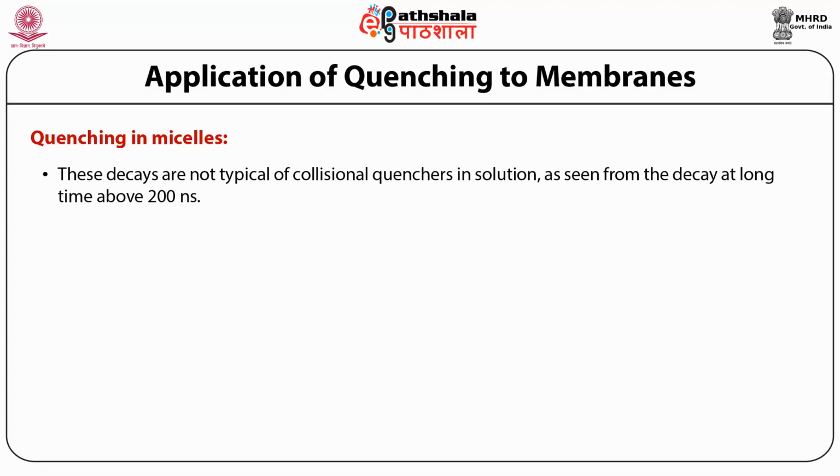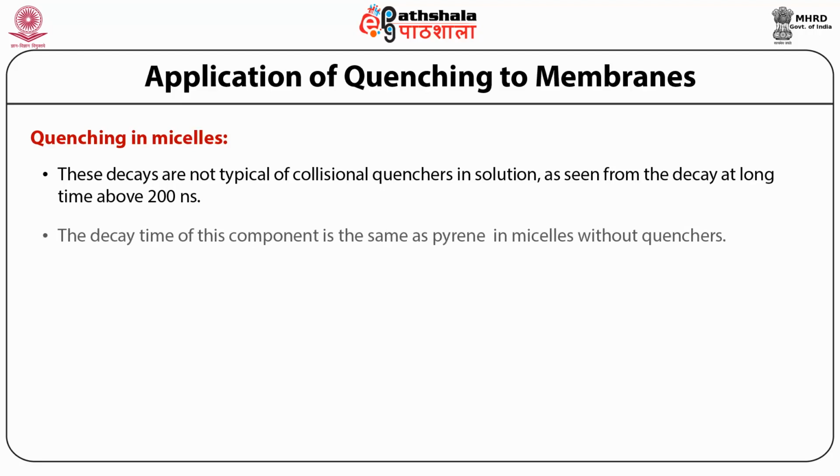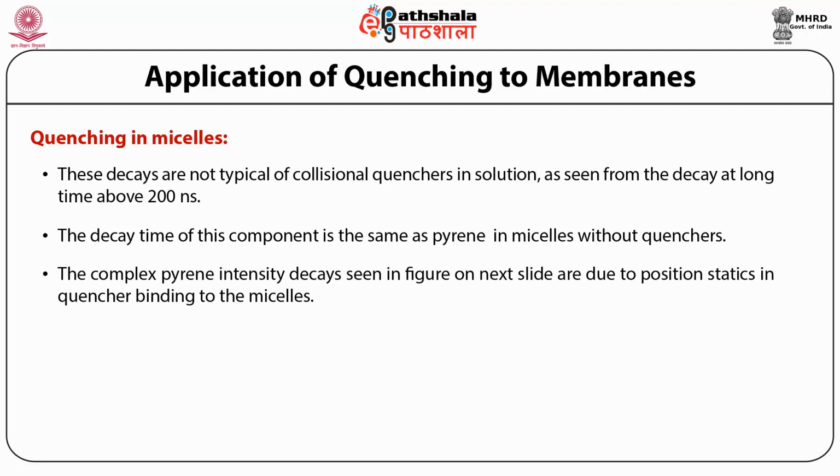These decays are not typical of collisional quenchers in solution, as seen from the decay at long time, about 200 nanoseconds. The decay time of this component is the same as pyrene in micelles without quenchers. The complex pyrene intensity decay seen in the figure on the next slide is due to Poisson statistics in quencher binding to the micelles.